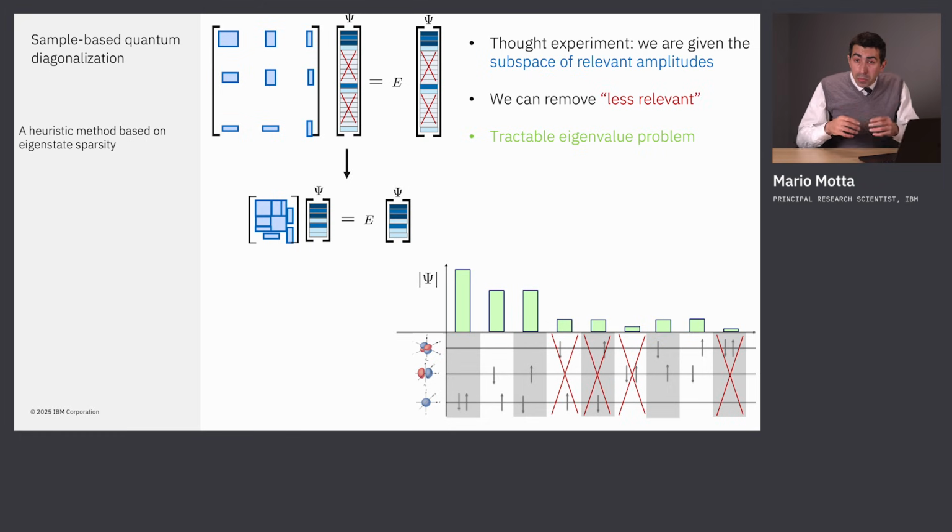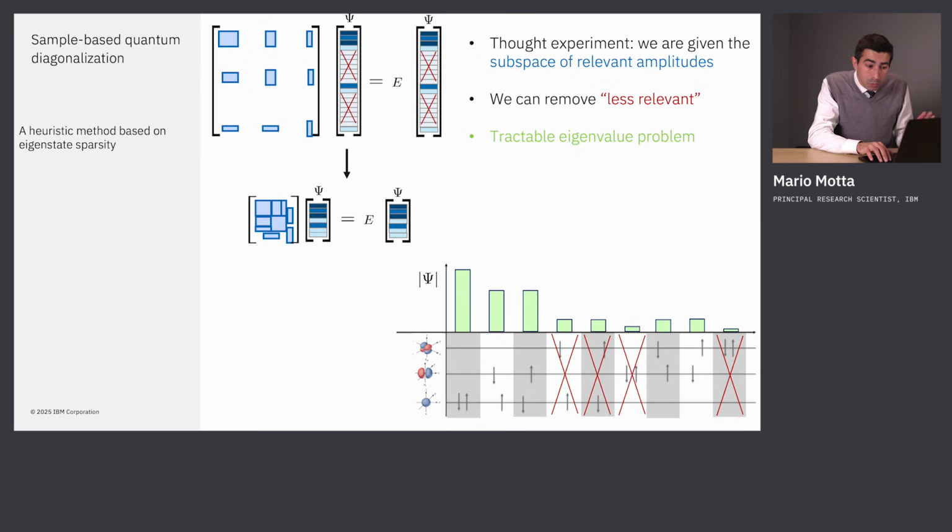Let us make a thought experiment. Let us say that we know which entries they are, and that all the other entries are negligible for the purpose of a certain calculation. Then what we can do is to project the combinatorially large Schrödinger equation into a much smaller subspace, spanned only by the relevant entries of the vector in the sense mentioned above, and we are basically left with the diagonalization of a much smaller matrix.